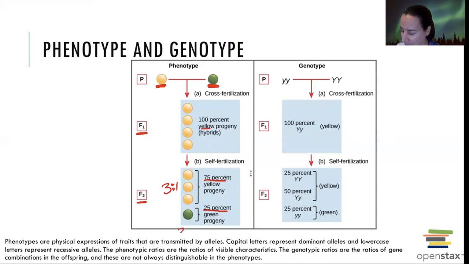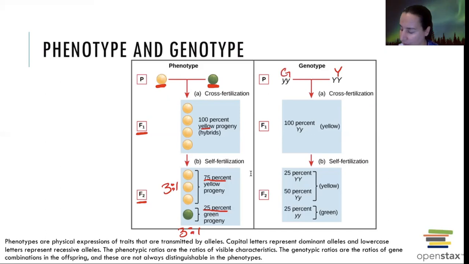The phenotype would be written as a 3-to-1 ratio. Our genotypes are going to be different though. So we look at these guys, and here we swap sides. I don't know why they swap sides in this picture, but this guy is our green and this one is our yellow. We're looking at genotypes.